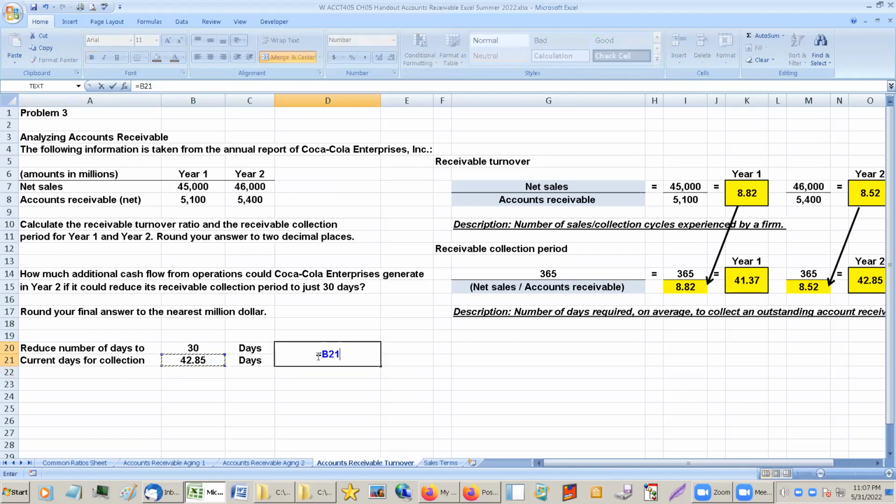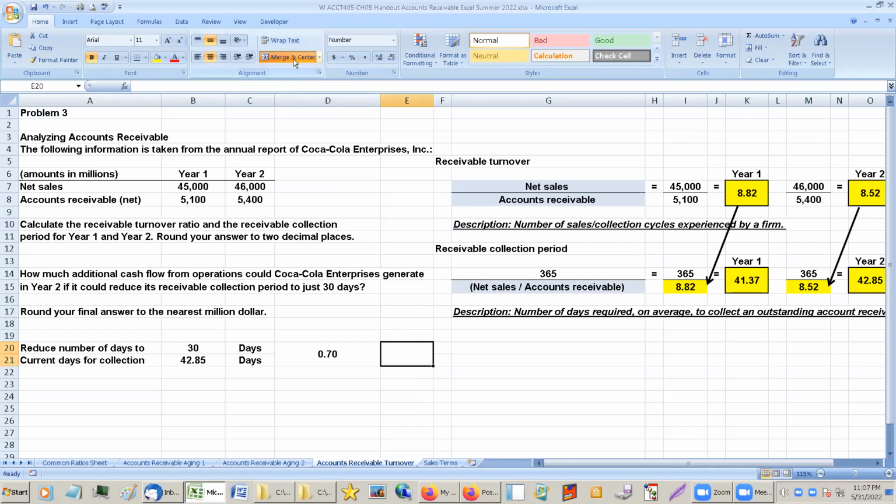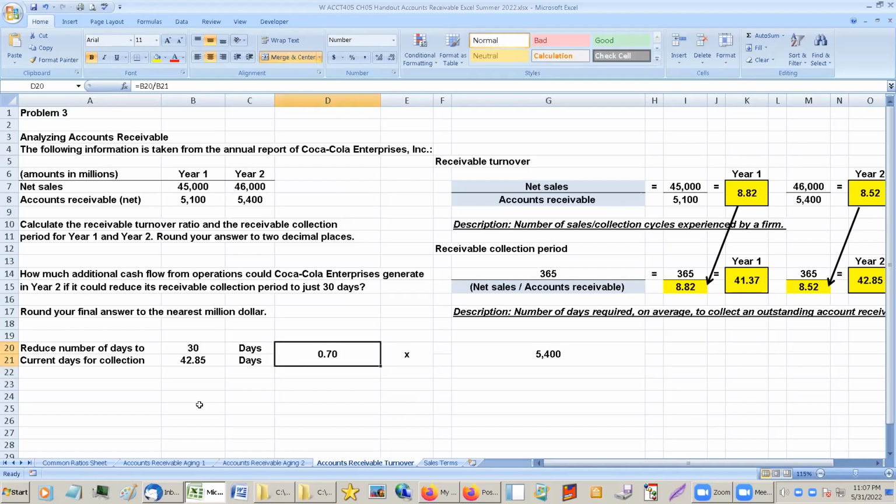And if we multiply that by, there's probably a better way to do this, but I'm going to bring it down here.